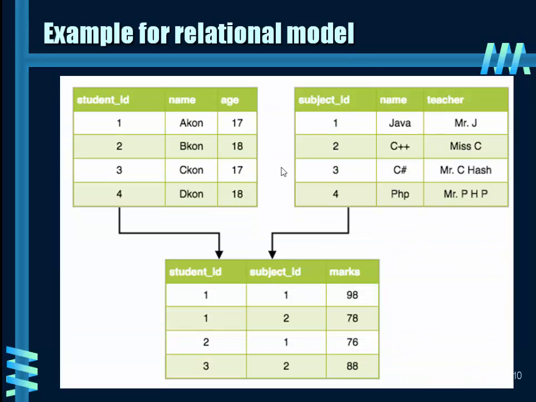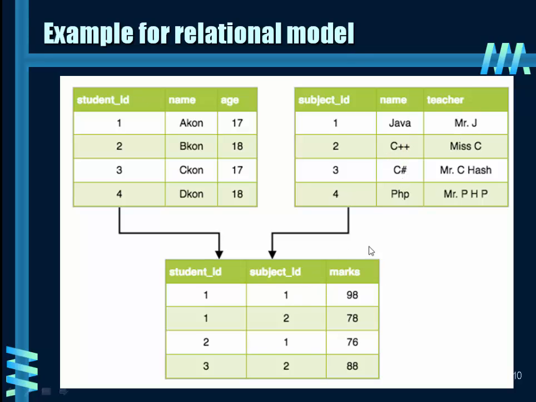So let us take one example. This is an example of the relational model. These are two tables holding student information and teacher information. This has student ID, student name and student age, and this is the teacher information, with a subject ID, the name of the subject, and the teacher name.